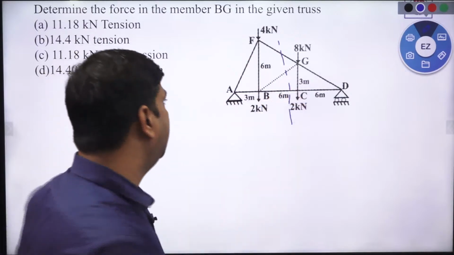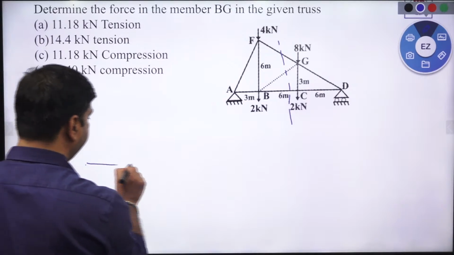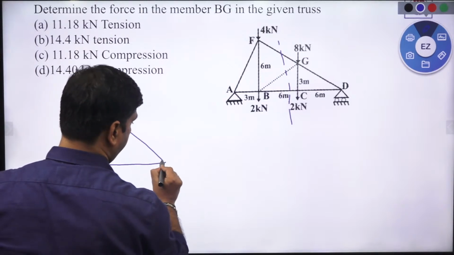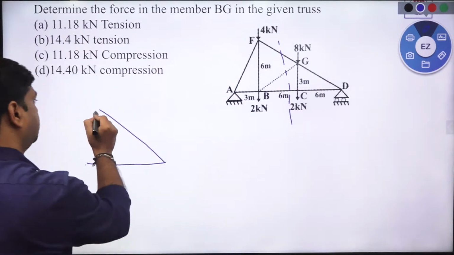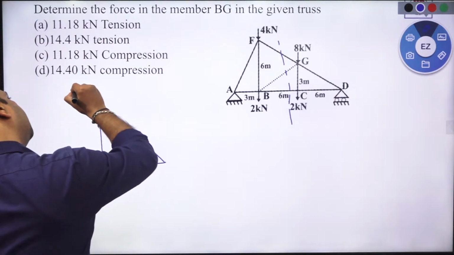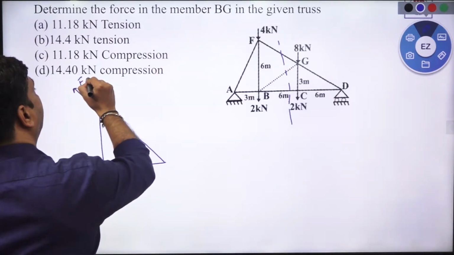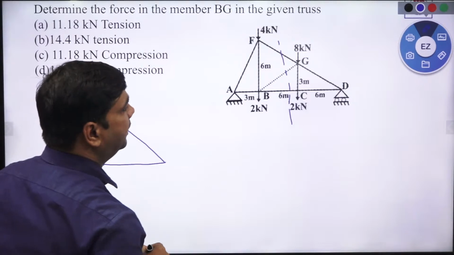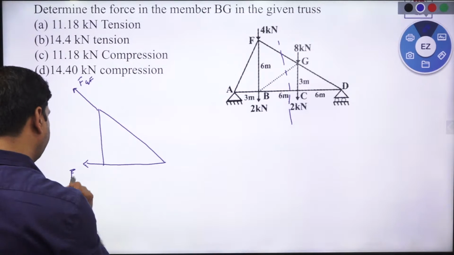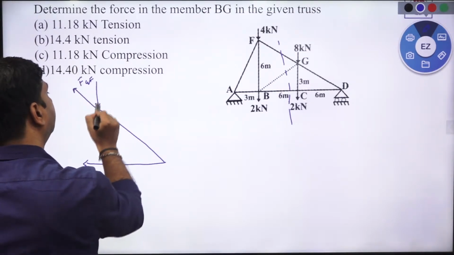So take this and draw the FBD of the left hand section. So I'm going to draw the FBD. Here there is one force, that is F of GF. There is one force lying here, it is F of CB. There is an 8 kilonewton force acting here.